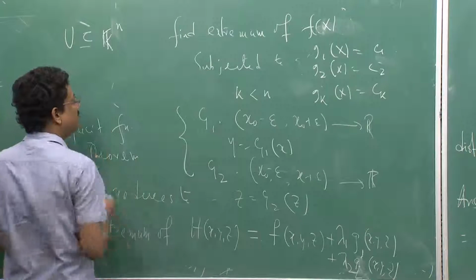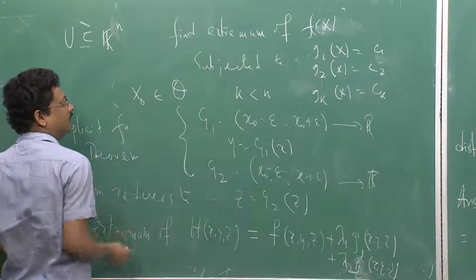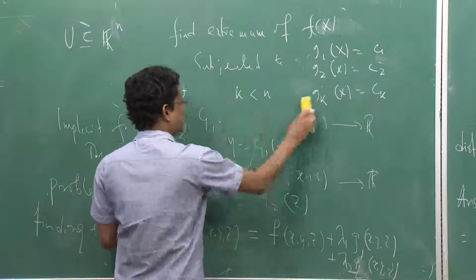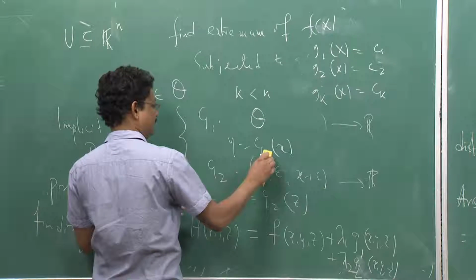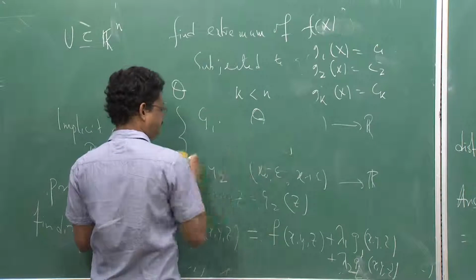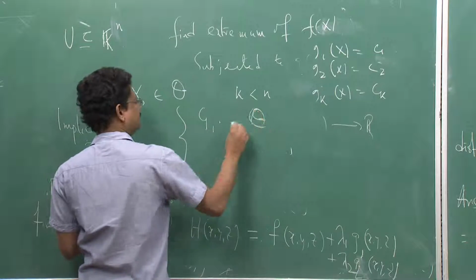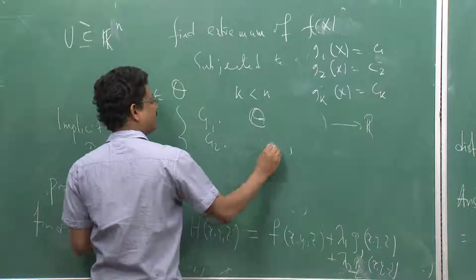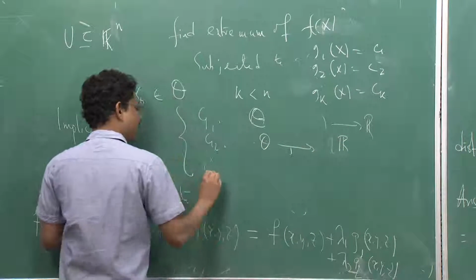So, I will have a neighborhood of x naught, the critical point, where I will have G1, G2, and so on up to Gk.